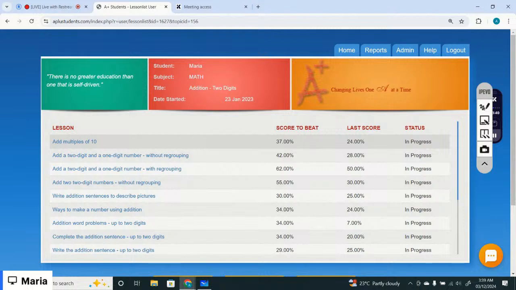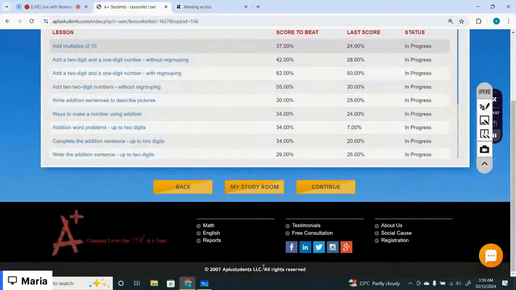So please make sure you have your notebook and pens. Before the next session, please complete all the practice questions for the lessons we just did. That is your homework until next session.